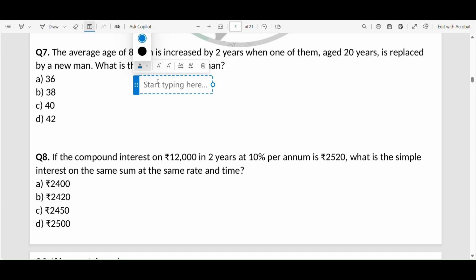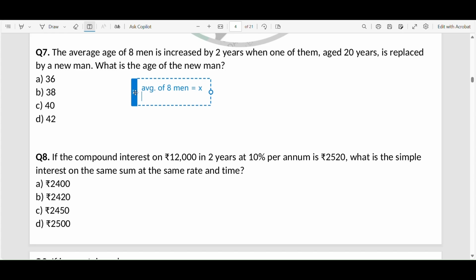Let me change the color to blue. The average of 8 men would be some x. Consider it as some x. And in that 8 men, there is one person with 20 years of age.